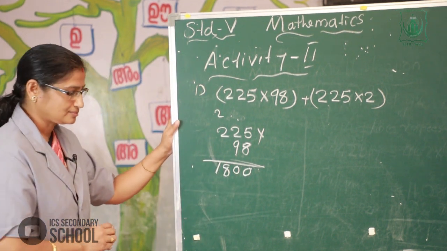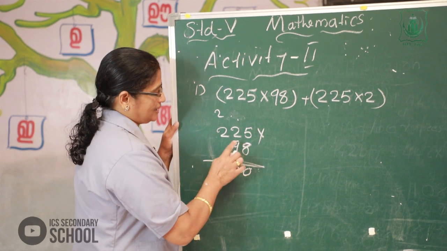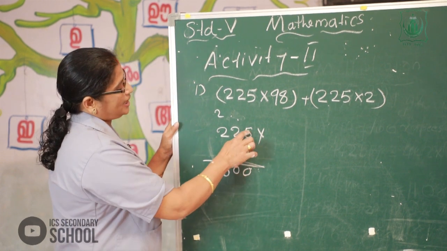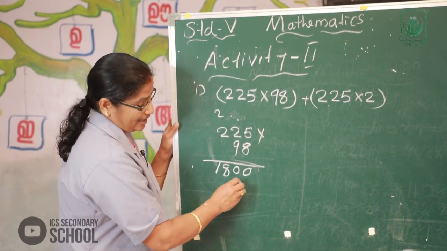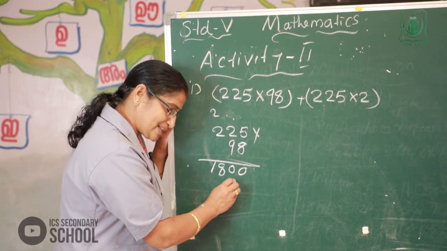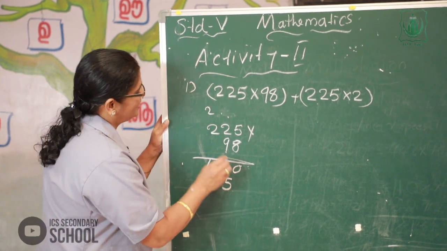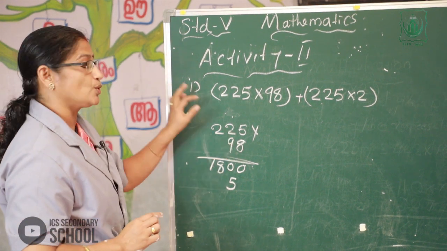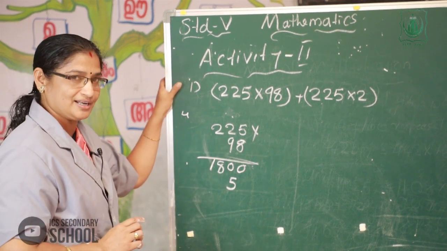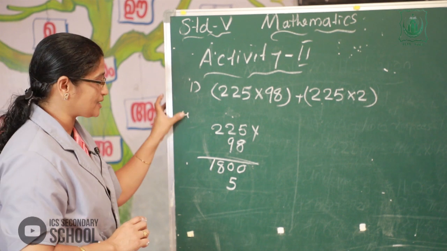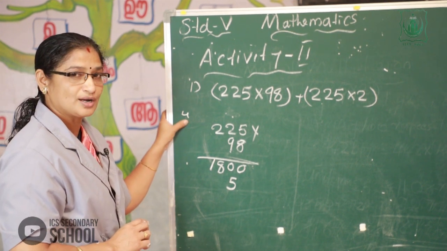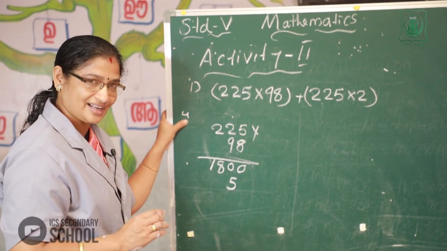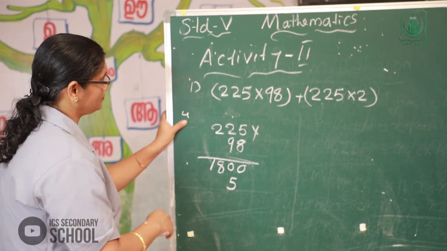Okay. And next number, the tens place, 9 into 5. 9 into 5 is 45. 4 balance. 9 into 2, 18. 18 plus 4, 22.